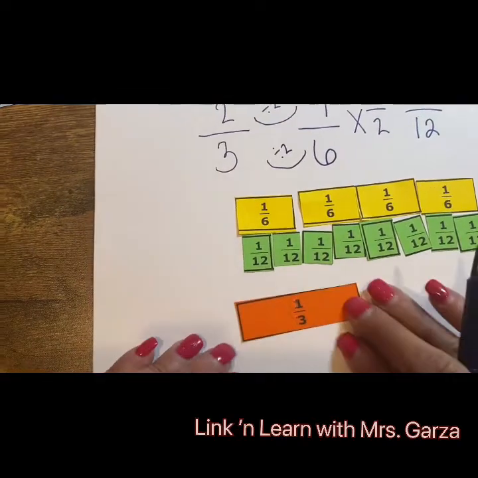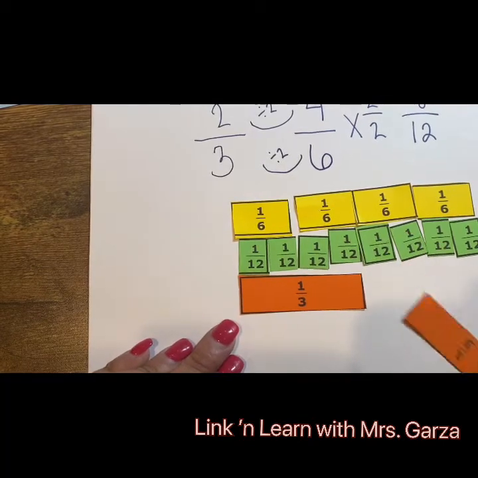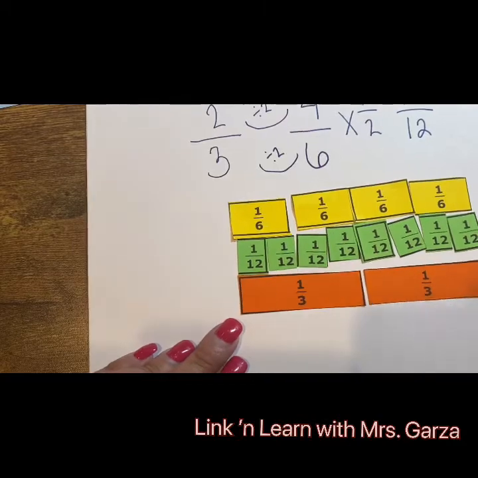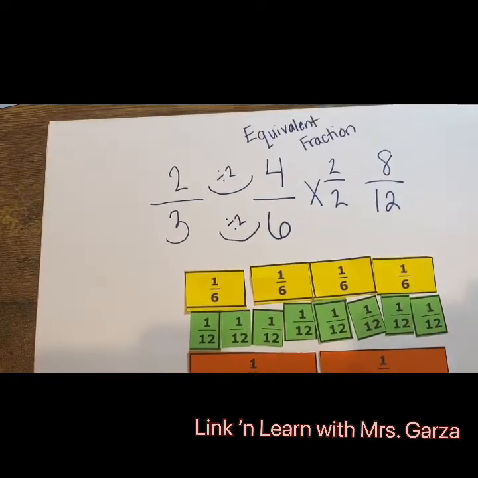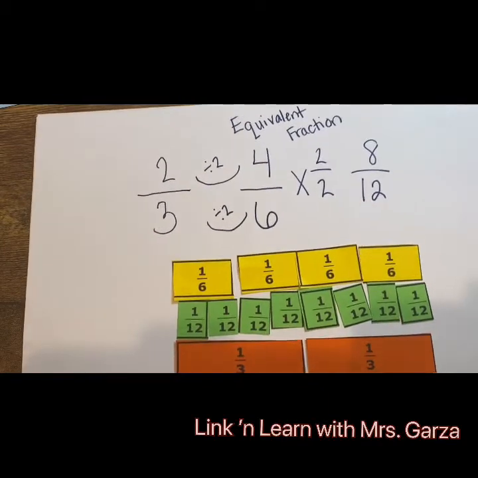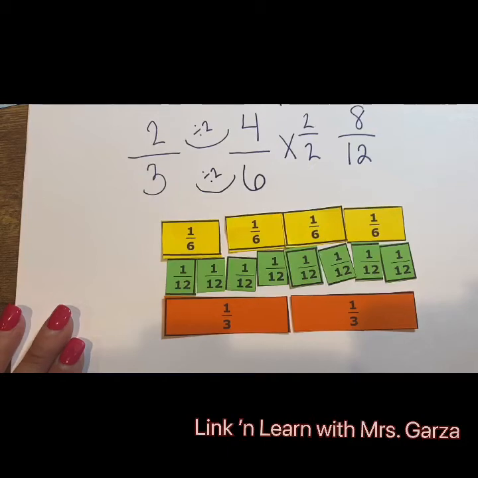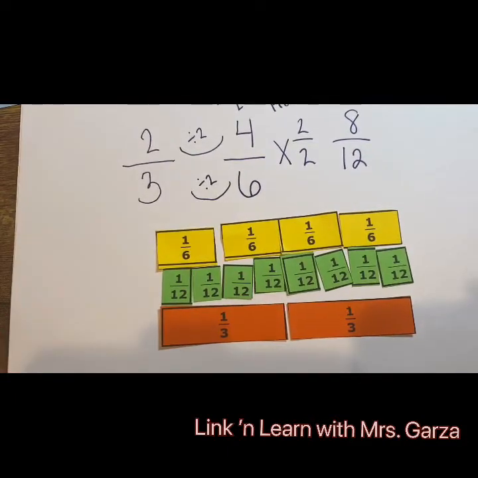So here's my 1/3, and here's my 2/3. Yes, they are all equivalent to each other. That's using equivalent fractions. To me, the easiest way, because you're not going to have these fraction strips in front of you, would be to multiply to figure out what your equivalent fraction would be.